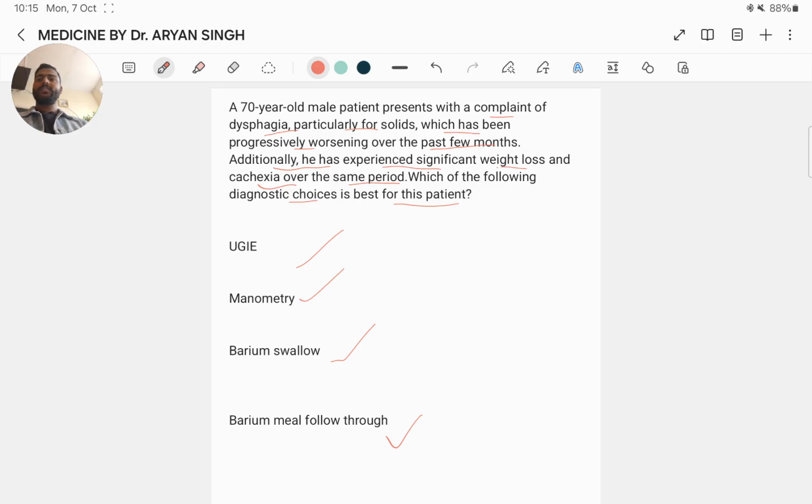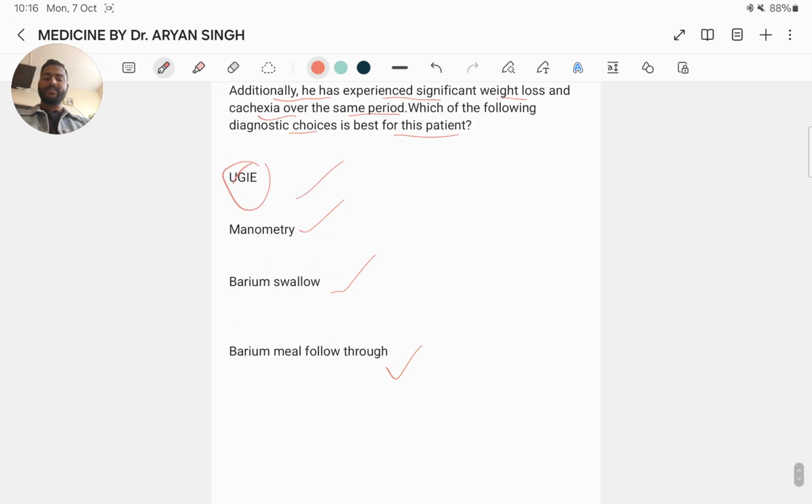CT scan of the chest and abdomen is used to detect the extent of tumor spread to the mediastinum and para-aortic lymph nodes. To summarize, upper GI endoscopy is the best investigation in carcinoma esophagus to identify and obtain a tissue biopsy to diagnose the disease, and CT scan is used to study the extent of tumor spread in the chest and abdomen.